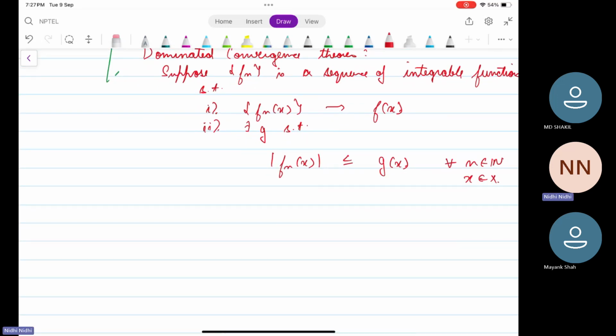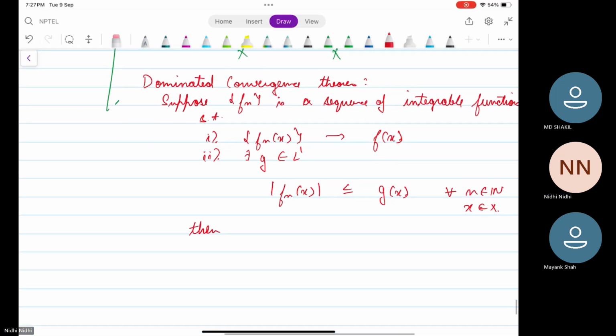Then this function g should also be integrable. That means it is in L1. Then the limit as n tends to infinity of the integral over X of fn(x) dx is equal to the integral over X of f(x) dx.